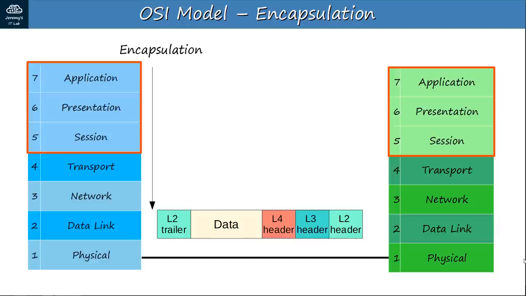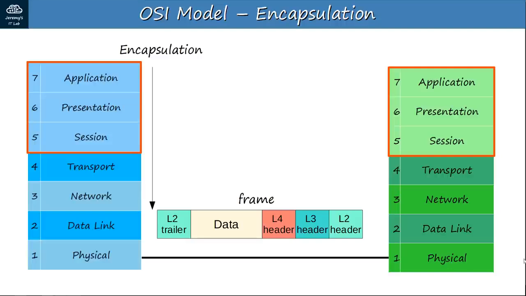At this point, the combination of data, layer 4 header, layer 3 header, layer 2 header, and layer 2 trailer is called a frame. Now, the data is not further encapsulated at layer 1. This frame is then sent over the connection, whether it's electrical signals over a wire or wireless signals in the case of Wi-Fi, to the neighboring system.